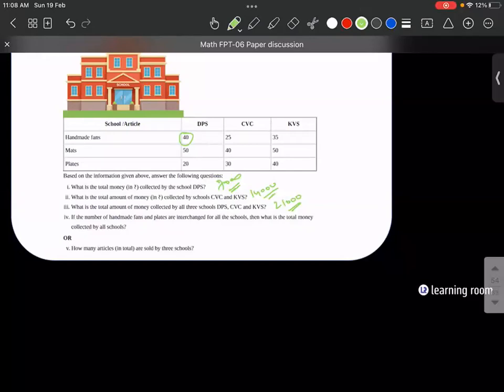Sir, 21,250. Yes, 21,000. Correct. How many articles in total are sold by three schools? 330, sir. Correct. So how did you get it? Add everything. That's it.